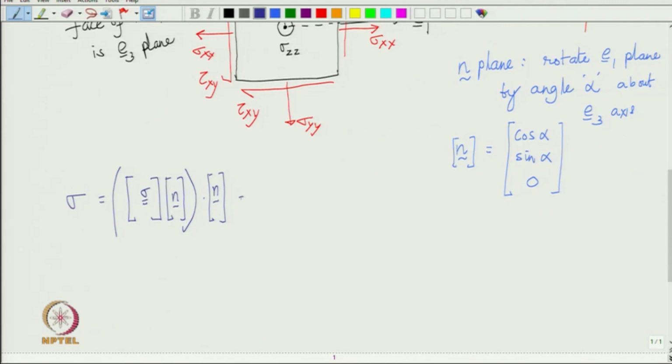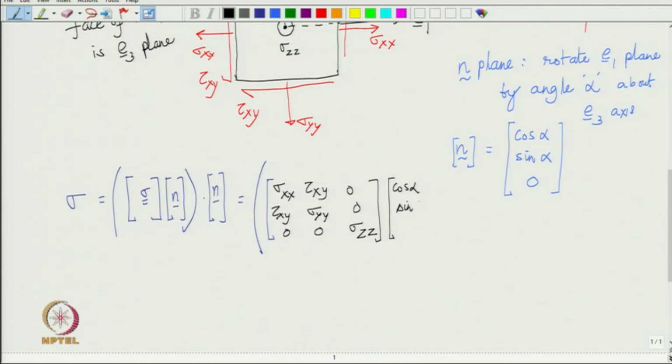Sigma matrix is sigma xx, tau xy, zero zero, sigma zz, and then you multiply this with cos alpha, sin alpha, 0, and then the whole thing you again dot with cos alpha, sin alpha and 0.